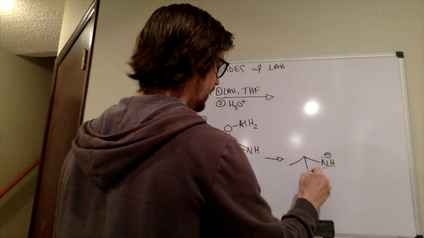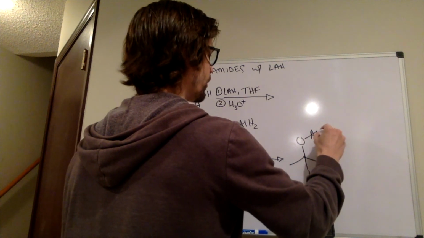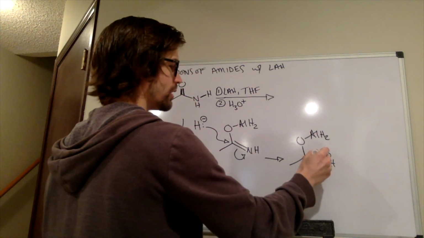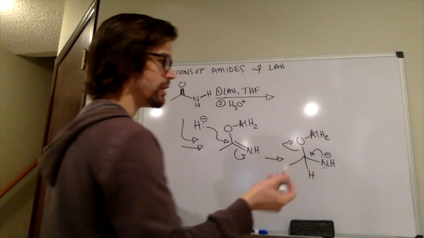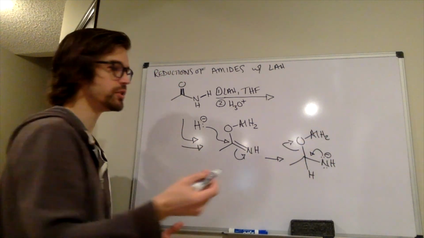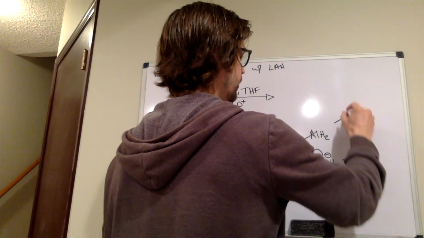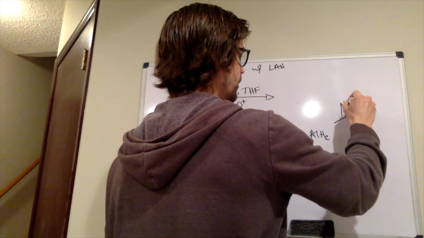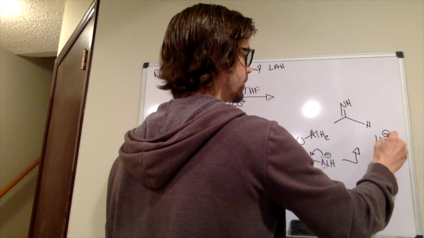Nitrogen does not really like to be negatively charged. And then at that point, those electrons can come down and kick out the OAlH2 intermediate. At that point, we again have a pi bond, and we still have H minus around.